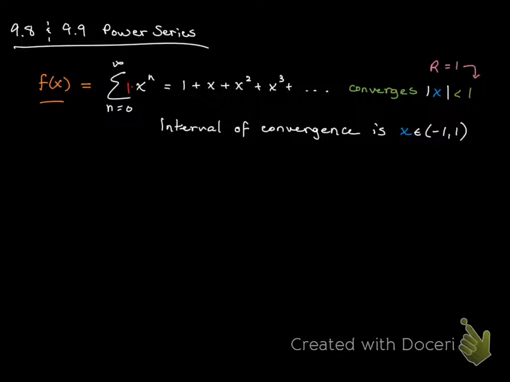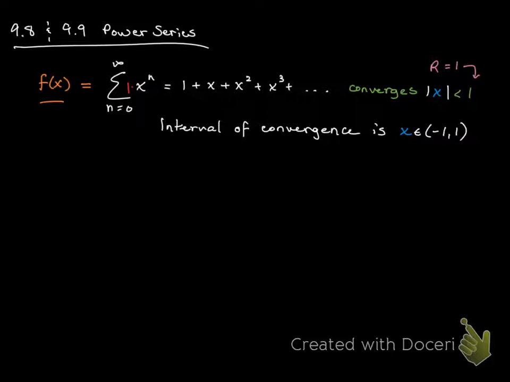If I were to take f of 2, I would have the sum of 2 to the n. And we know that diverges because that common ratio is larger than 1. So we've got this function now that's based off a power series that only converges for some values of x.